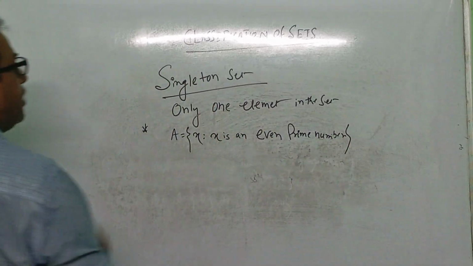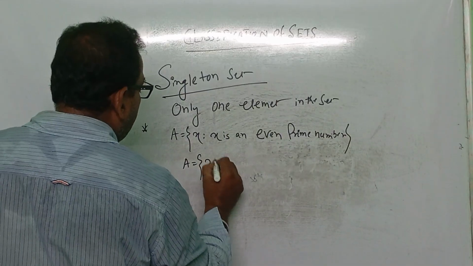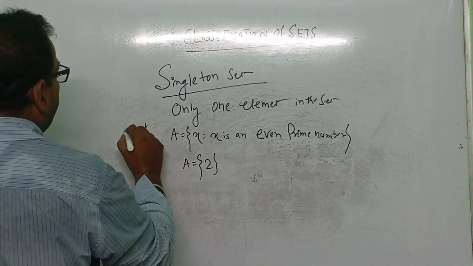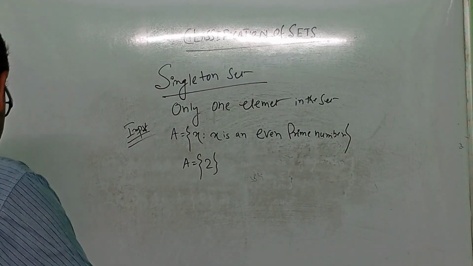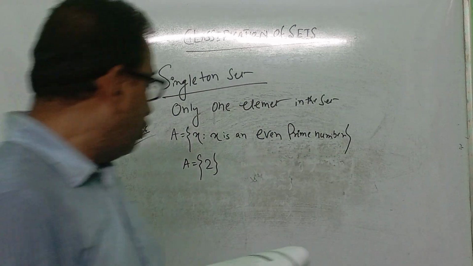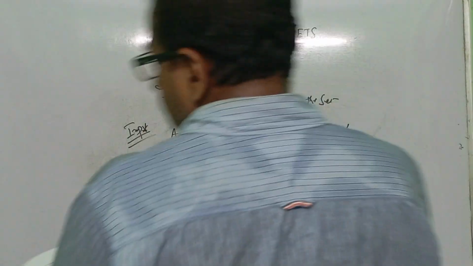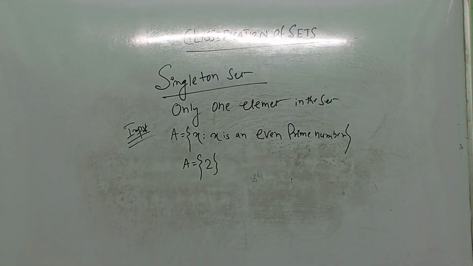This is the only singleton set, that is A. Very, very important. Maximum times the question paper has this. So 2 is the only element in the set which is an even prime number. Very important.